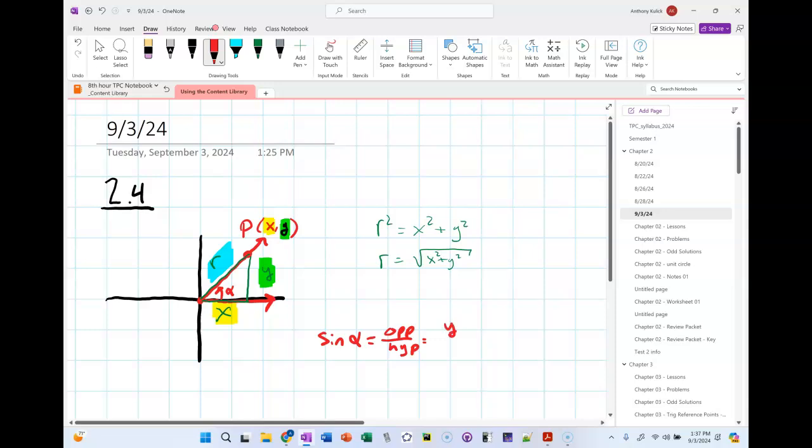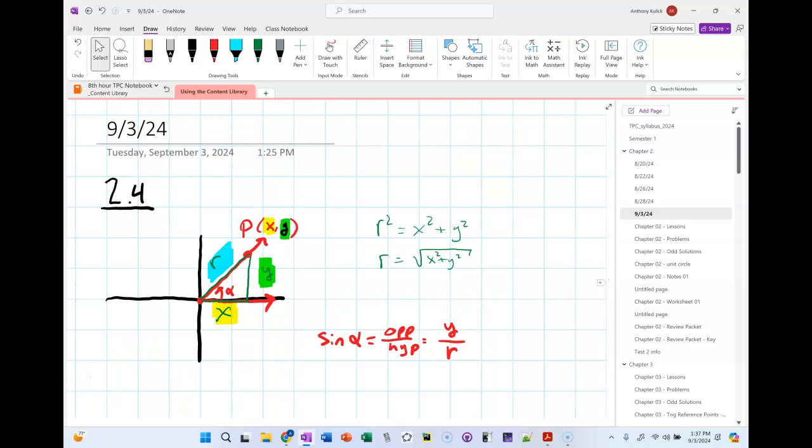Well, we've just said that opposite is kind of the same as the y-coordinate, and hypotenuse is kind of the same as this r. Look at what we just did. We have redefined sine alpha. Instead of using sides in a right triangle, it's y over r, the y-coordinate of this point on the terminal side over r, the distance from that point to the origin. None of that has to do with a right triangle.